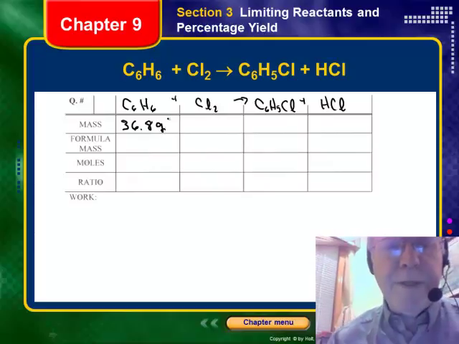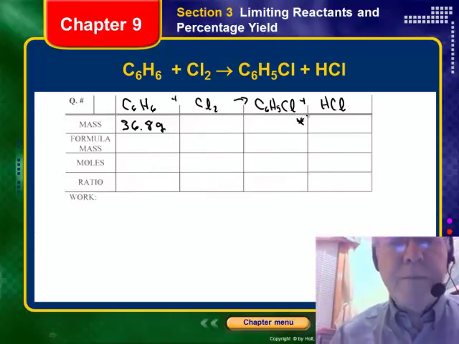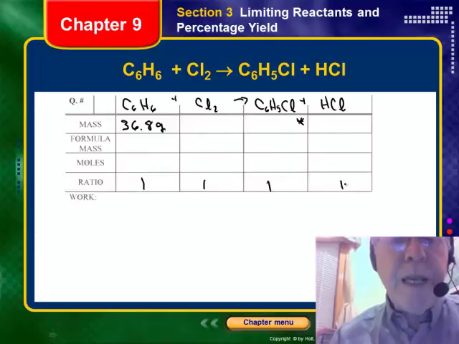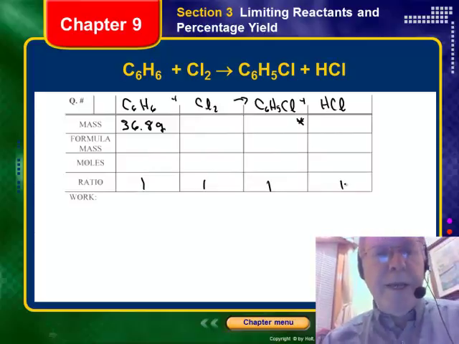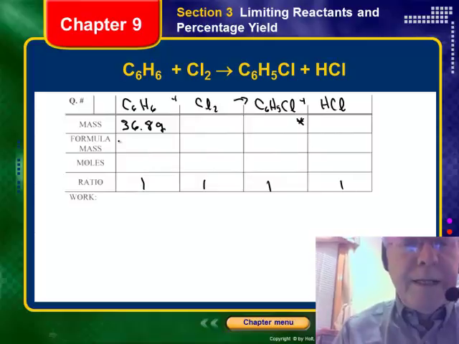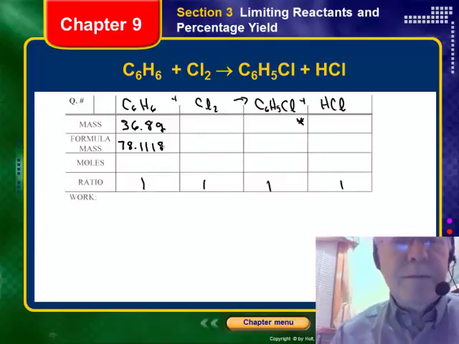So we have 36.8 grams of the benzene, and we need to know what is the theoretical yield of the chlorobenzene. So we'll put our formulas in here. And now we're going to have to calculate the formula mass of the benzene, which is C6H6. So that's 12.0107 times 6 and 1.00794 times 6. So I get 78.1118 as my formula mass for that.